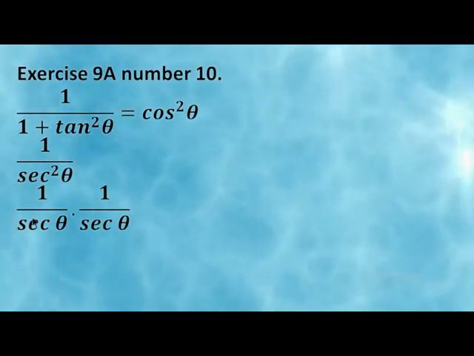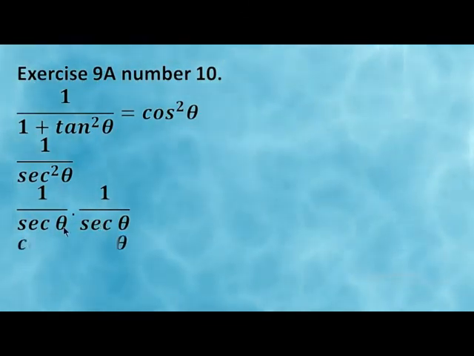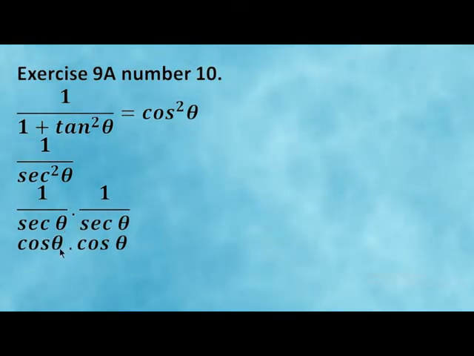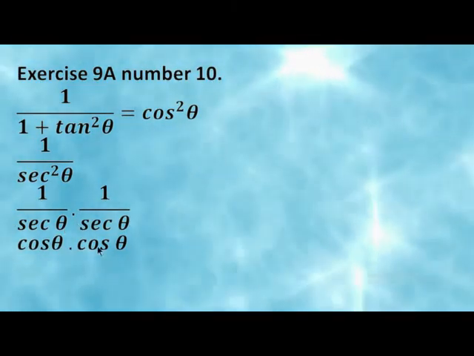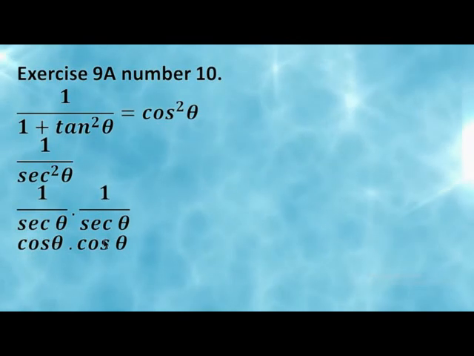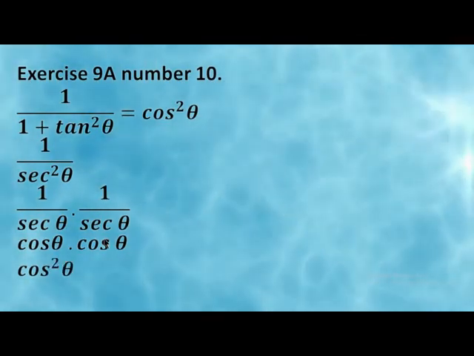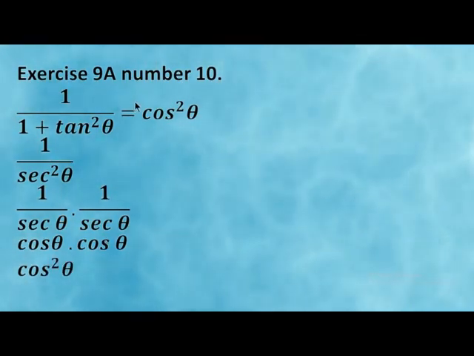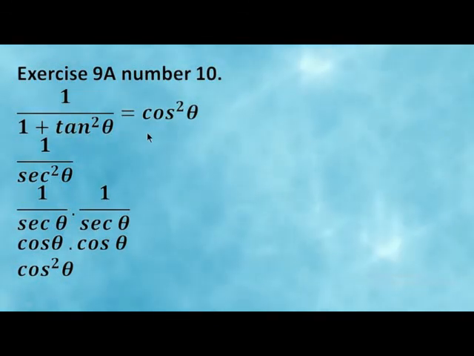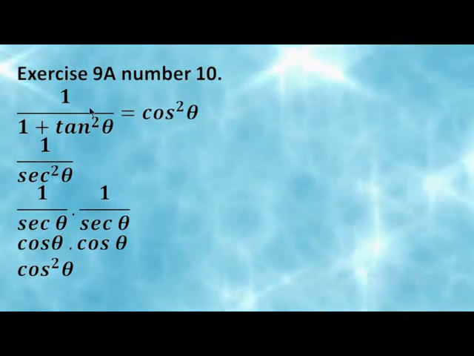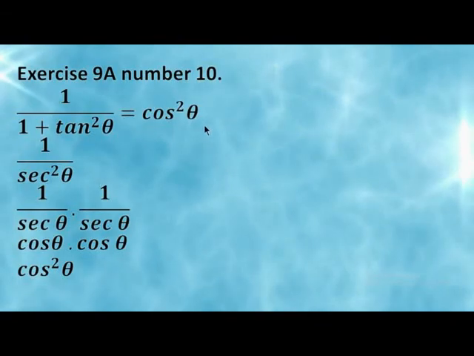We know that 1 per secant theta is actually equal to cos. So it is equal to cos theta multiple with cos theta. Cos theta multiple with cos theta equal to cosine squared theta. So it is proved. Again, I'm working from the left to form the right.